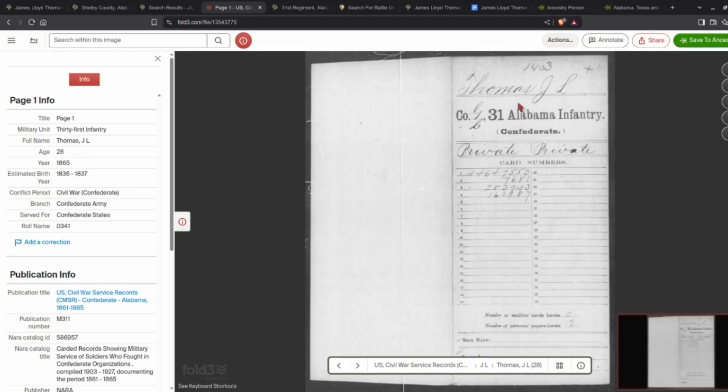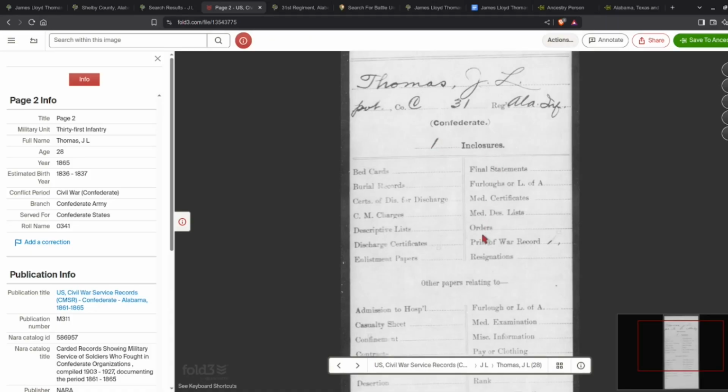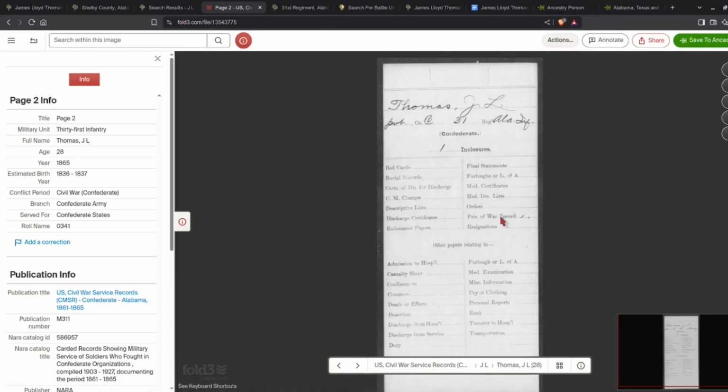But you can see here, J.L. Thomas, Company G, 31st Alabama Infantry, and then it says C below it. So he did end up in C at some point. Okay, so let's go forward. Okay, so this says there's an enclosure and a prisoner of war record. So that does seem to be correct, that there is a prisoner of war record.